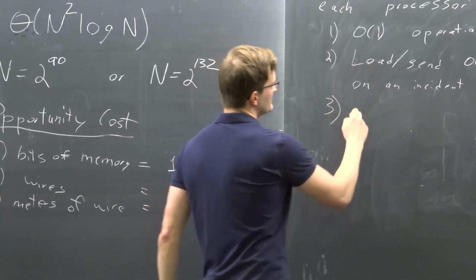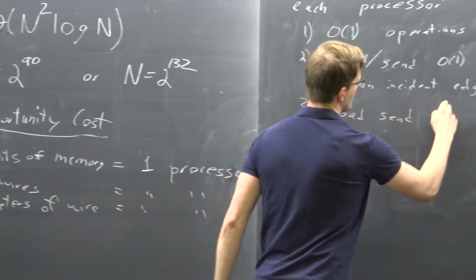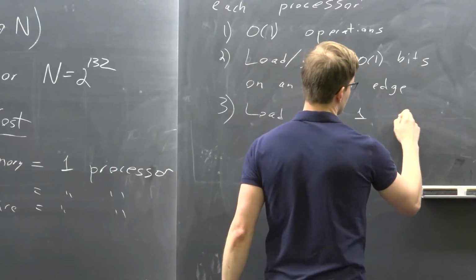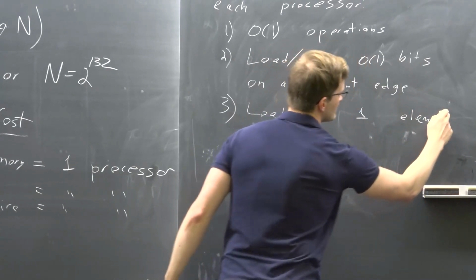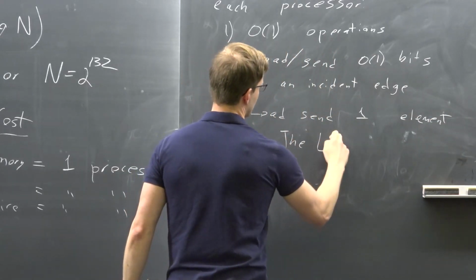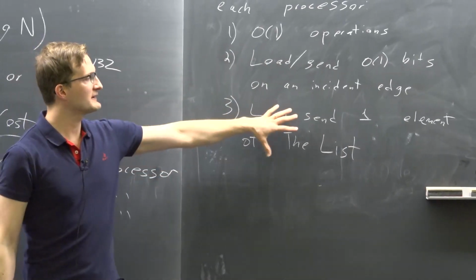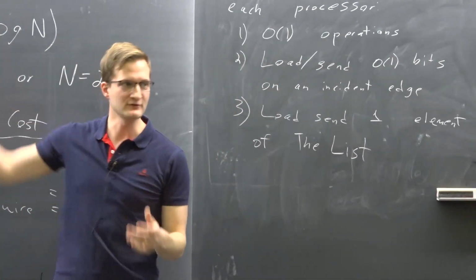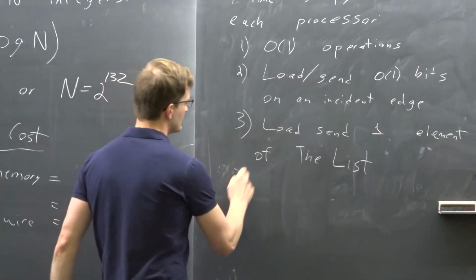And I'll expand this to load or send 1 element of, and I'll just, in all caps, call this the list, as in the list to be sorted. So I'm treating the elements of this list not as integers, but in fact their own distinct object, that can't be treated just as bits.